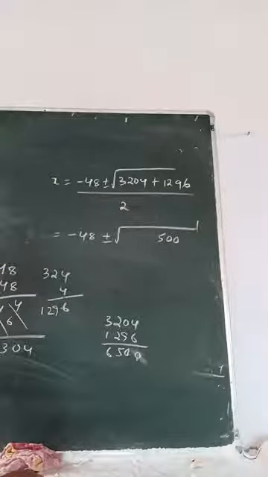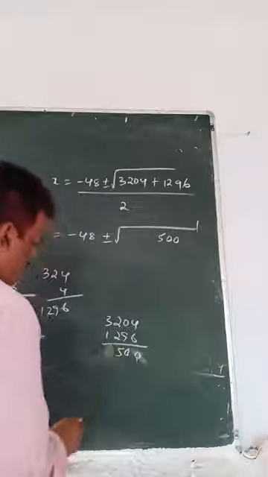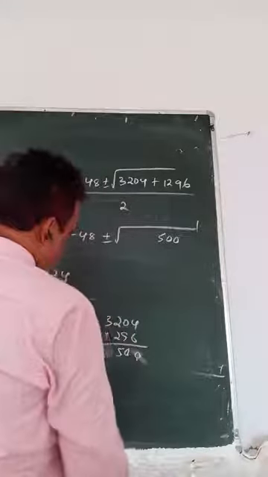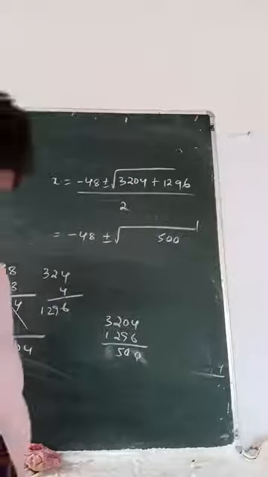It is 3600. 3600 should be it. 3600 means what is the mistake, I think.